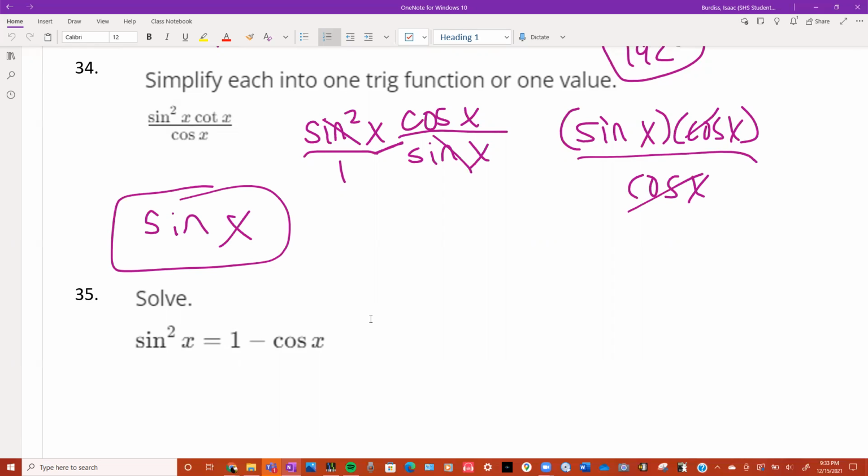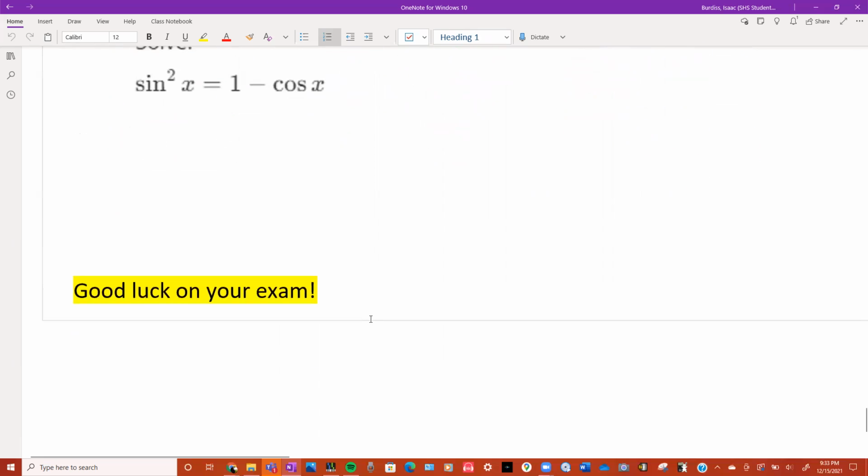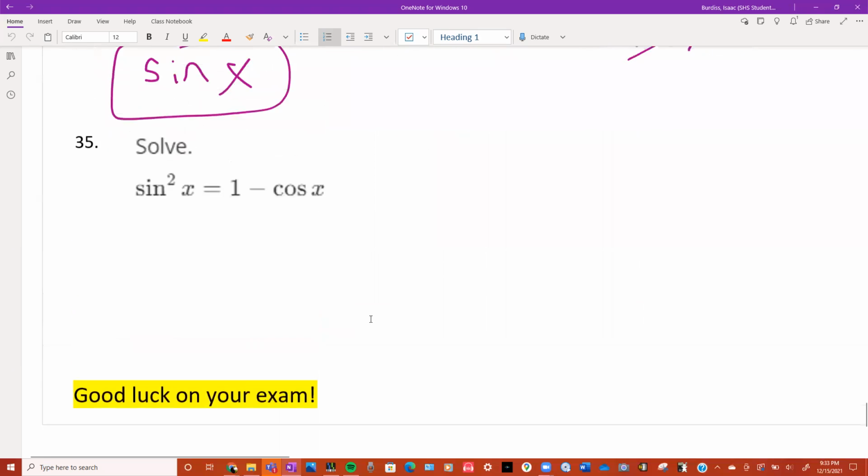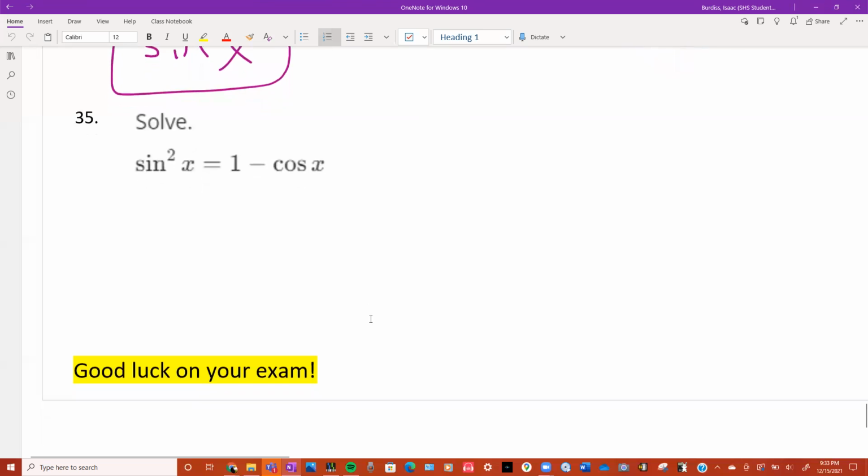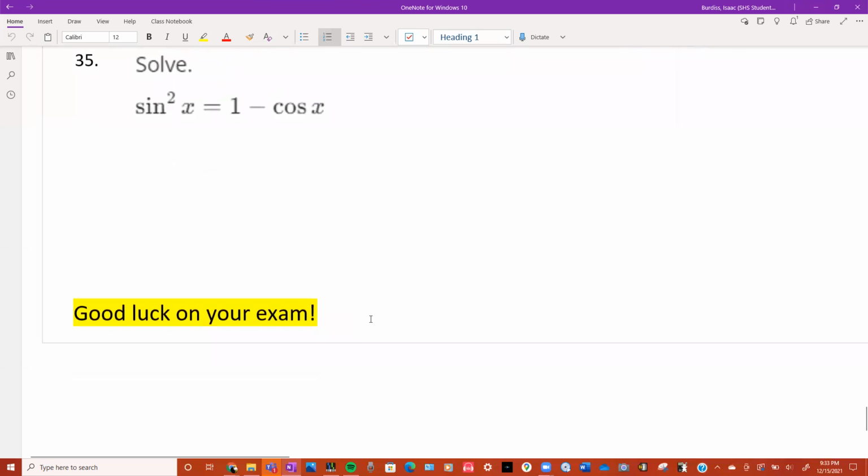All right, next one. This one's a complicated one, sort of. Actually, it's not really that complicated. Well, that was a simplifying one. This is a solving one. And sine squared by our Pythagorean identities, we know is the same as that.